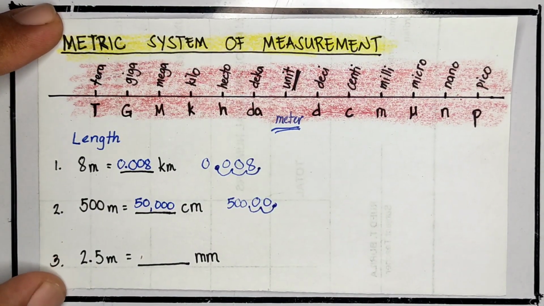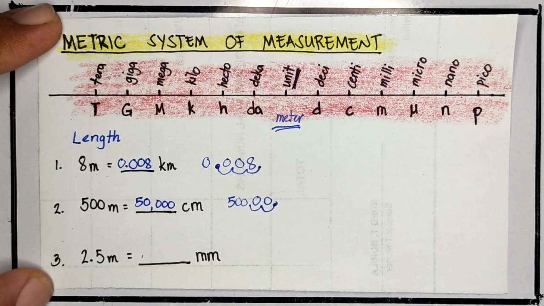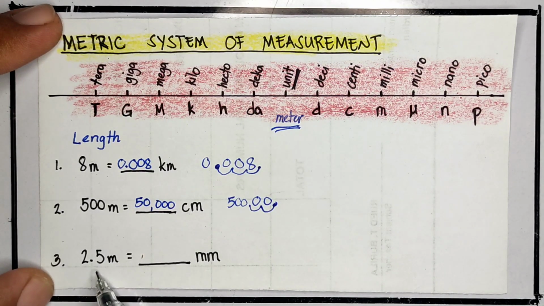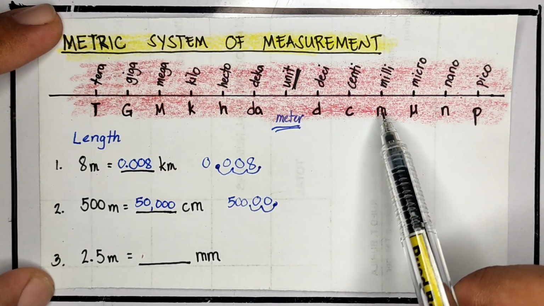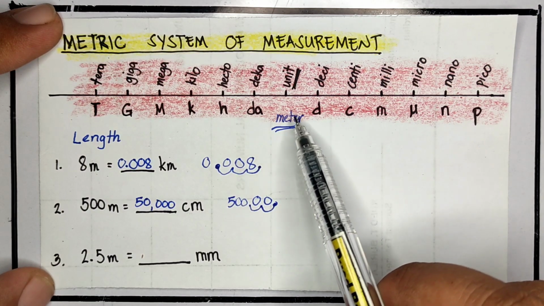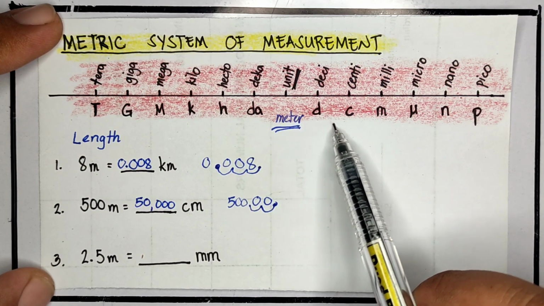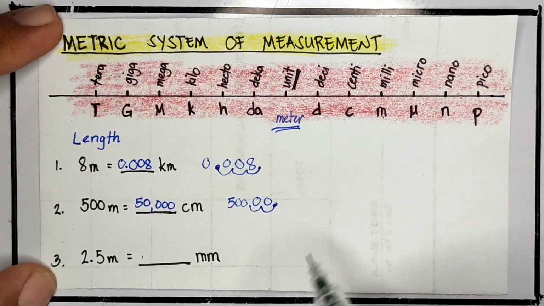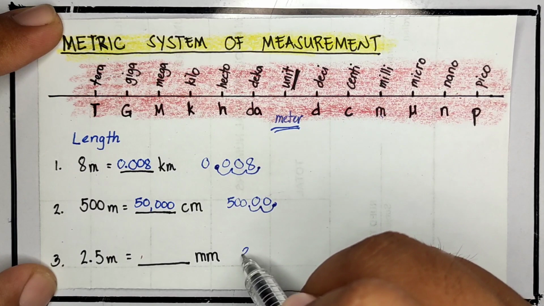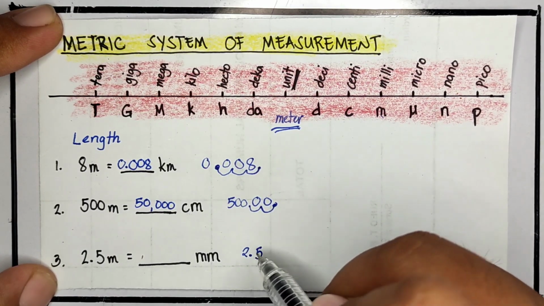Then, another example. We have here 2.5 meters is equivalent to how many millimeters? Meters to millimeters, milli. Therefore, how many times? 1, 2, 3. Okay, 3 times going to the right. We have here 2.5.